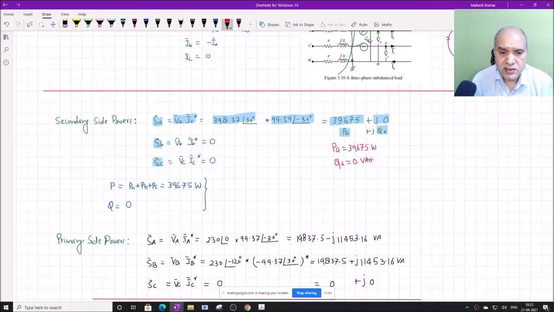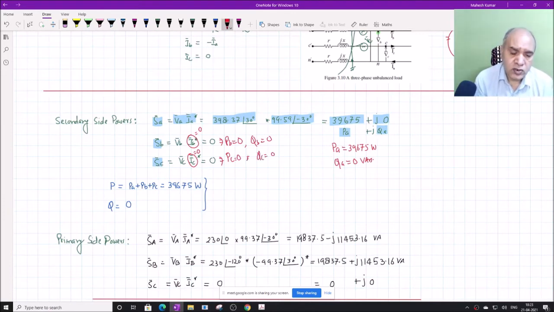For B phase, since currents are 0, the apparent power will be 0. Hence this implies that PB equal to 0 and QB equal to 0, PC equal to 0 and QC equal to 0.